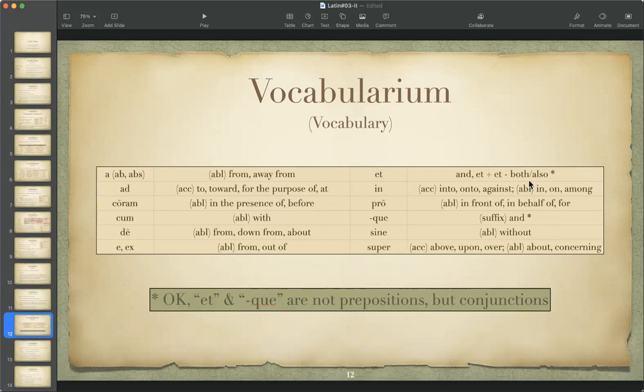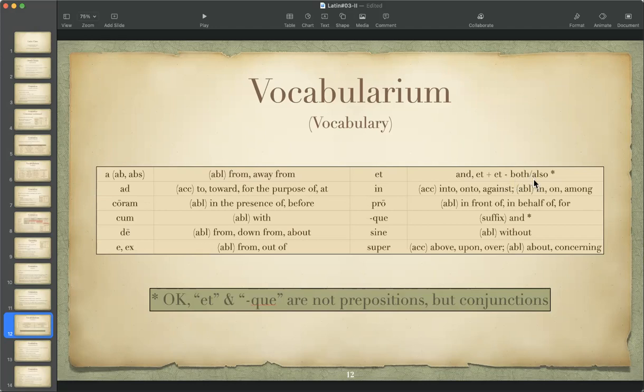Et is and. So if we wanted to say celi et terra, the heavens and the earth. Well, the et is the and. But in Latin, if we wanted to say both heaven and earth, we would say et celi et terra.